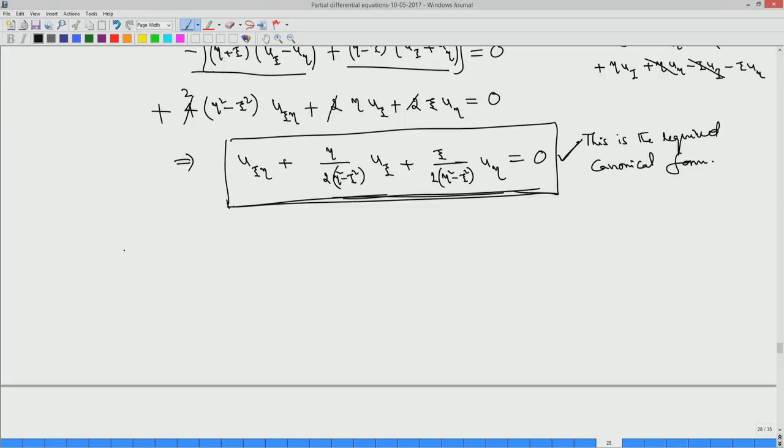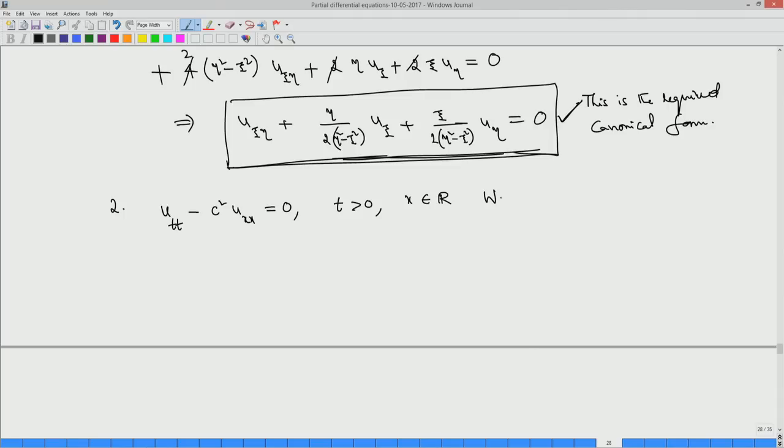Let us consider one more hyperbolic equation, for example, u t t minus c square u x x equal to 0, where t is positive and x is in the full domain. So, this is example 2, which is also a hyperbolic equation. This is called the wave equation.